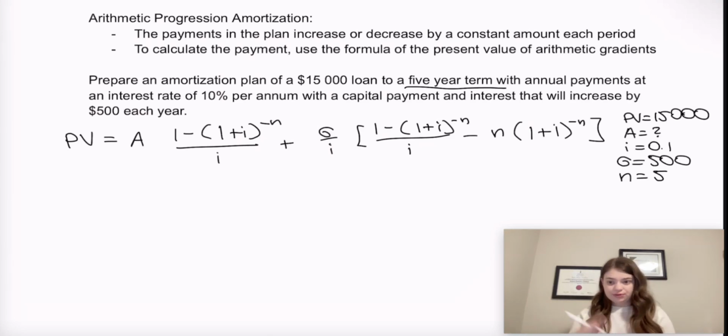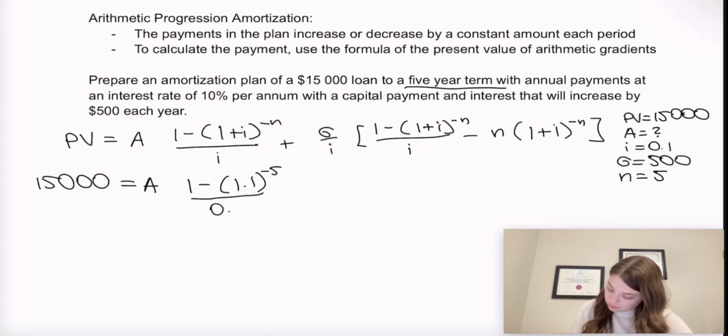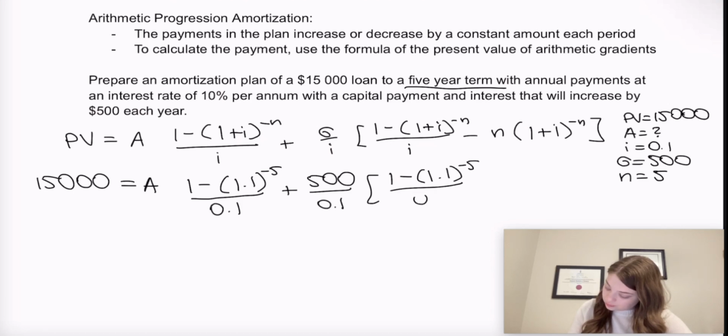So then we're just going to plug in all those numbers here, and we're going to figure out what A is equal to. So therefore, $15,000 is equal to A times (1 minus 1.1 to the power of negative 5) all over 0.1, plus 500 over 0.1 times ((1 minus 1.1 to the power of negative 5) over 0.1, minus n times 1.1 to the power of negative 5).